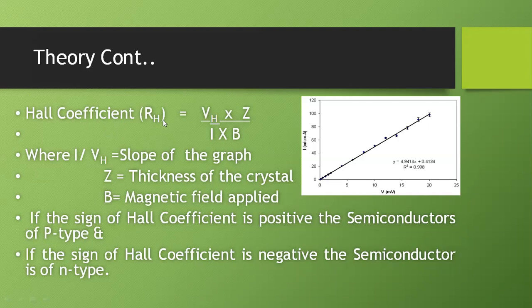The Hall coefficient can be calculated using this formula: R_H = V_H Z / (I B), where V_H is the potential developed, that is the Hall potential, and I is the current passing through the semiconductor crystal. B is the transverse magnetic field to the crystal, and Z is the thickness of the crystal.